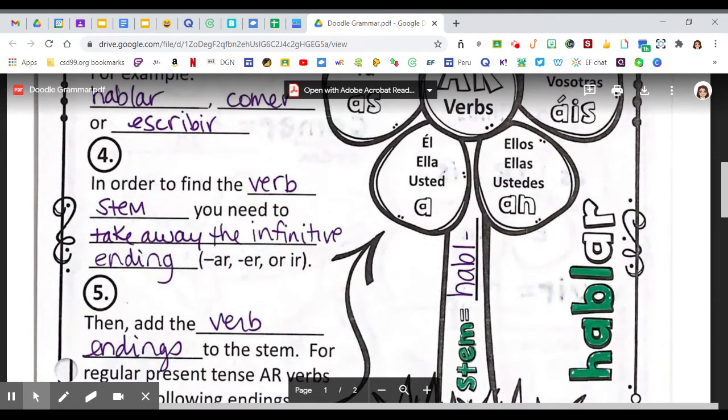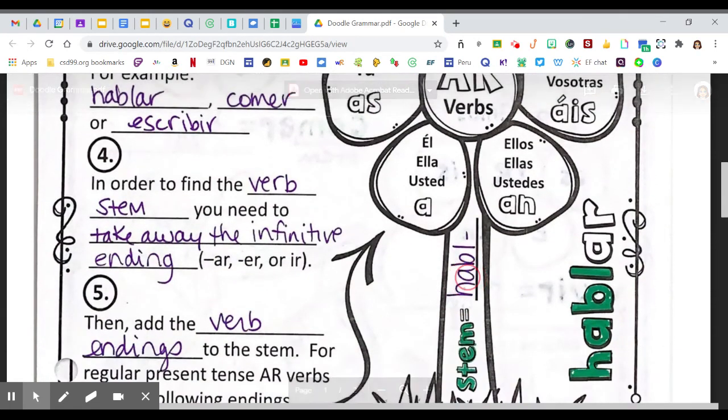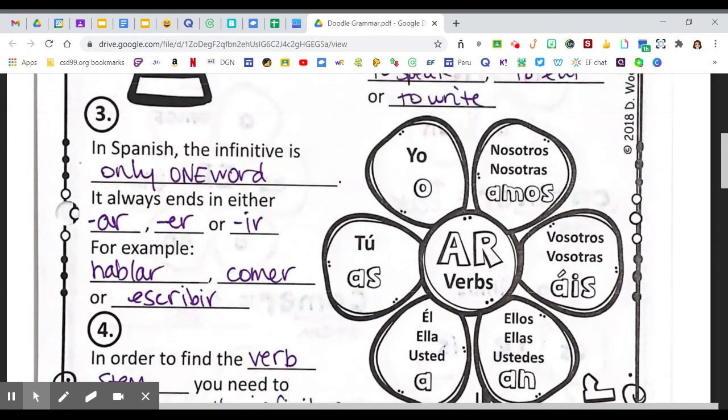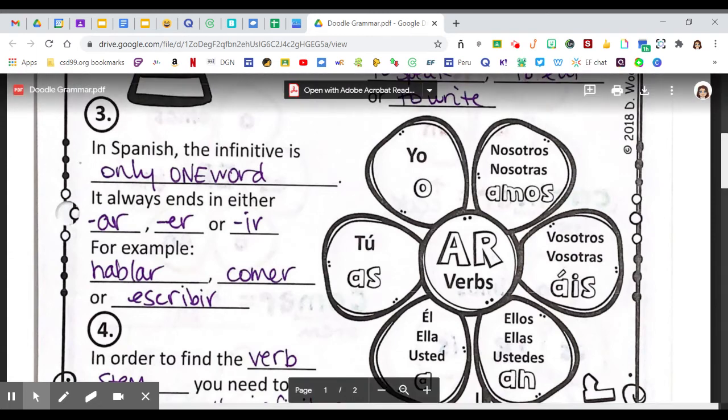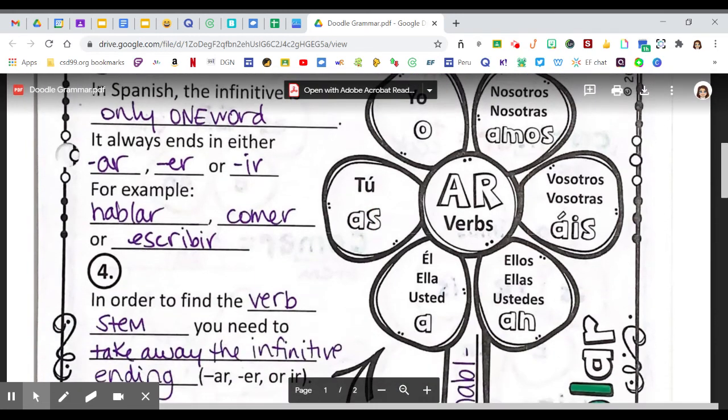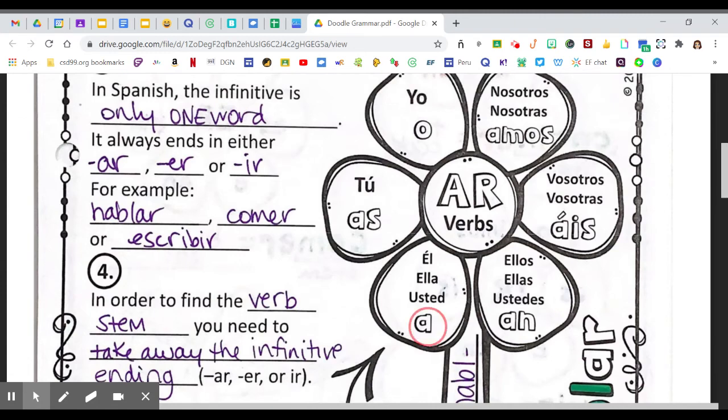So you take what you have in the stem, HABL, and you add an O if you are the one doing it. If I am speaking, yo hablo. Tú hablas. He, she, you formal: él, ella, usted habla.